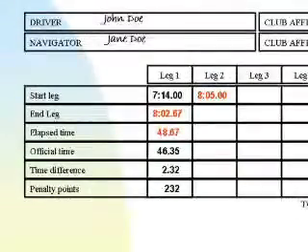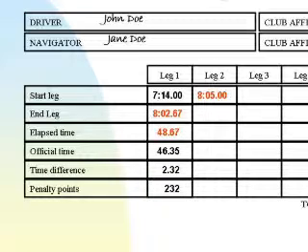Like if you started at 7:14 and you ended at 8:02.67, it took you 48.67 minutes. On that supplemental piece of paper they gave you, they told you what the official time was. Well, it should have taken you 46.35. The difference between that is 2.32 minutes, 100 points per minute, so your score for that leg was 232. That's how you calculate your scorecard.